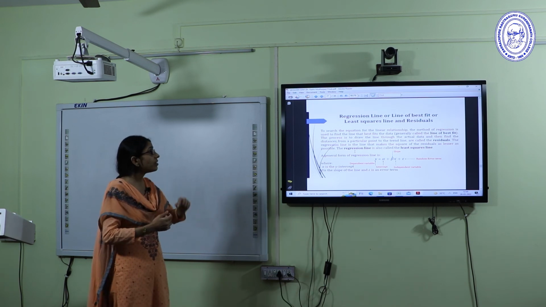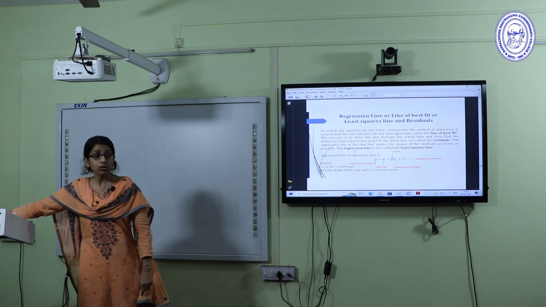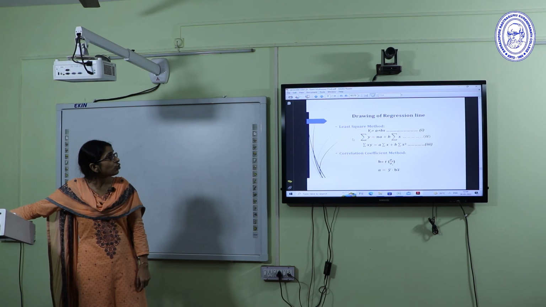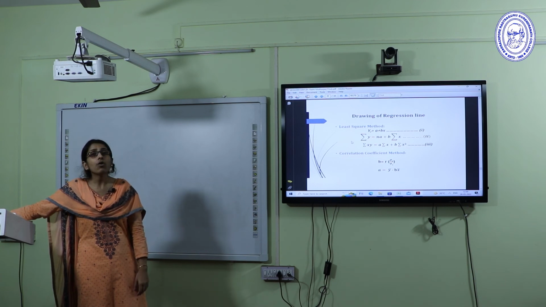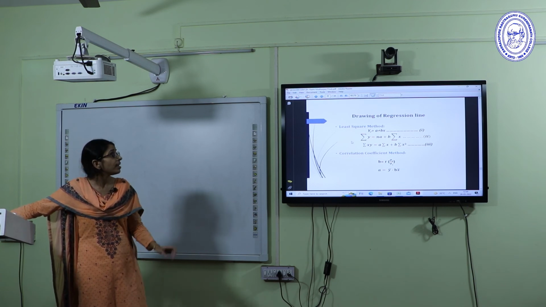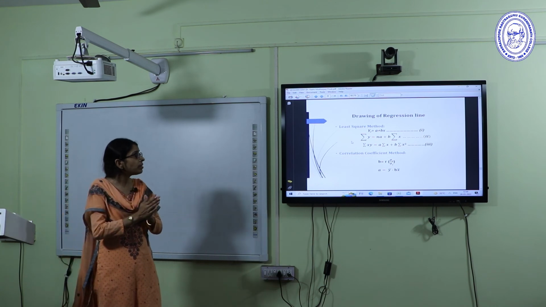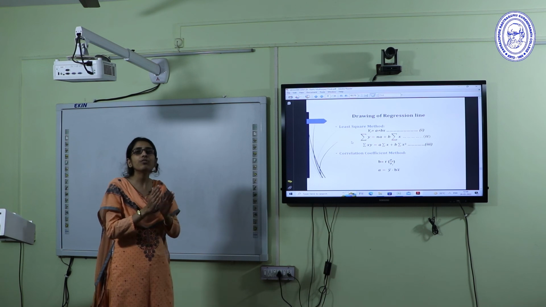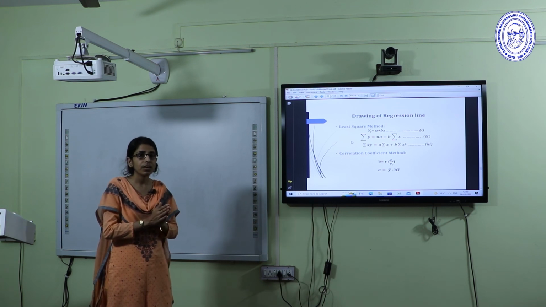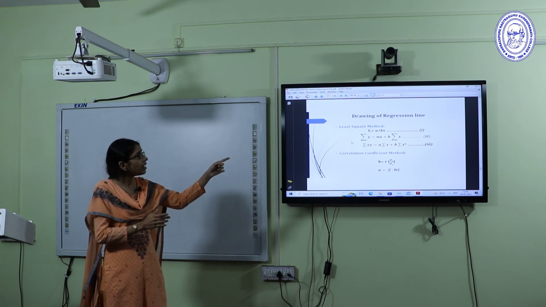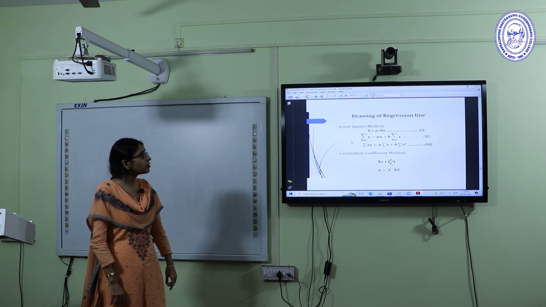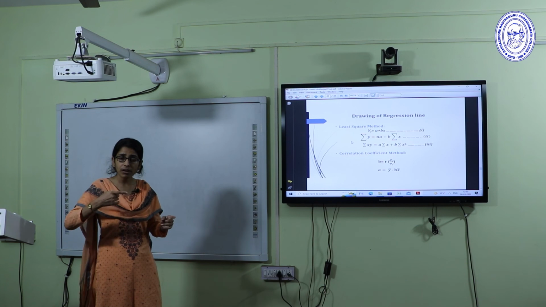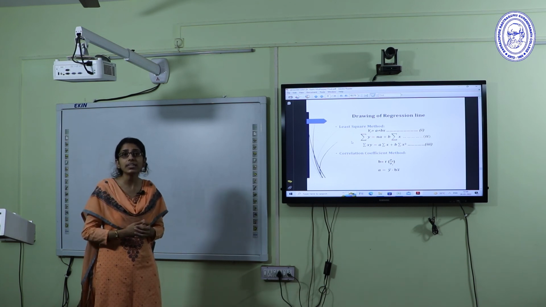That is your residual. These are the two methods for drawing your regression line: the least square method and the correlation coefficient method. With the help of these equations, we can easily solve for our line of best fit.